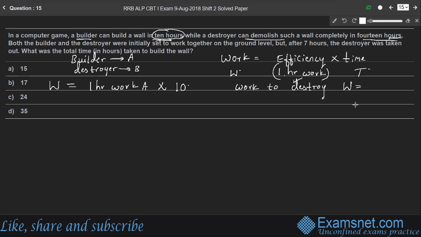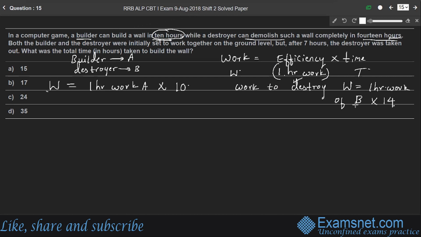Therefore, work to destroy wall W is equal to 1 hour work of B, the second person, the destroyer, into 14 hours. He takes 14 hours of time.